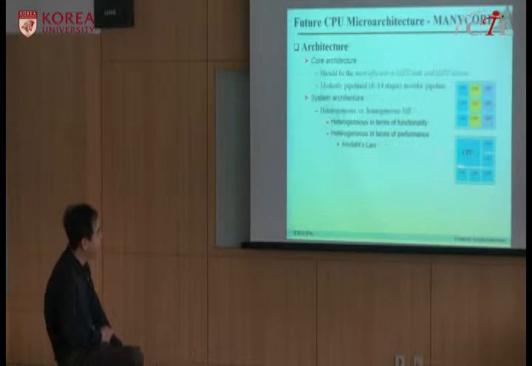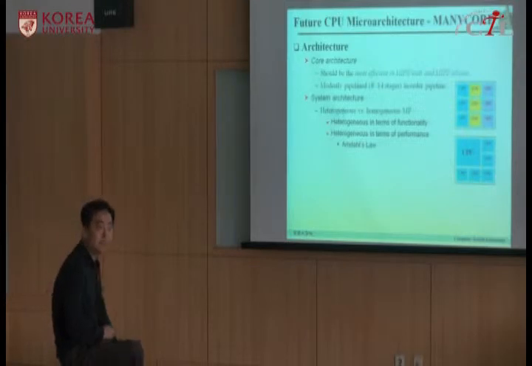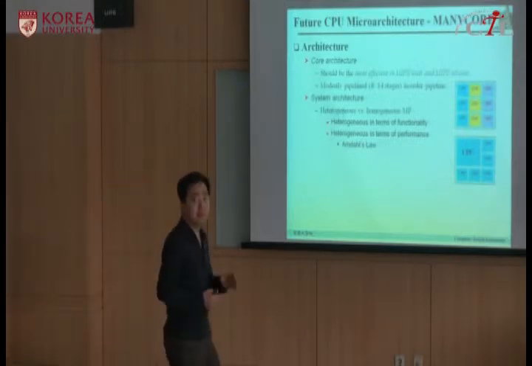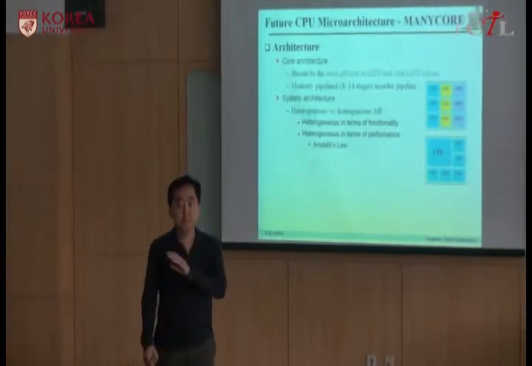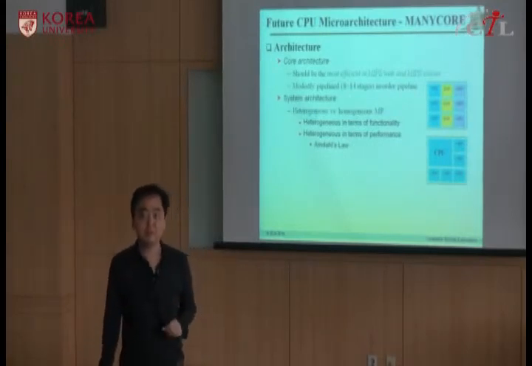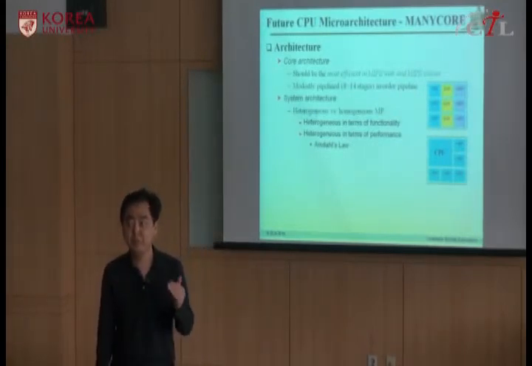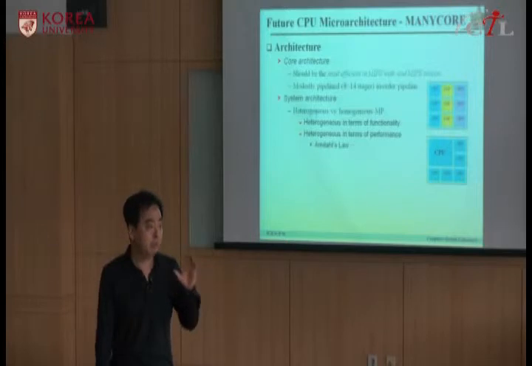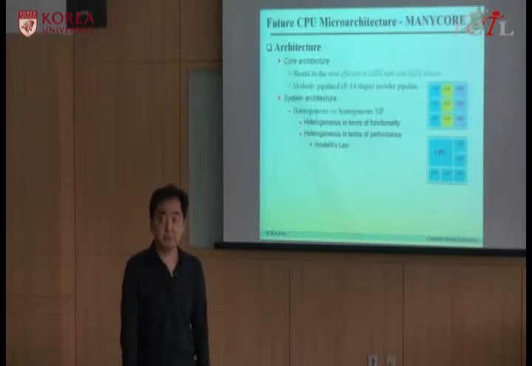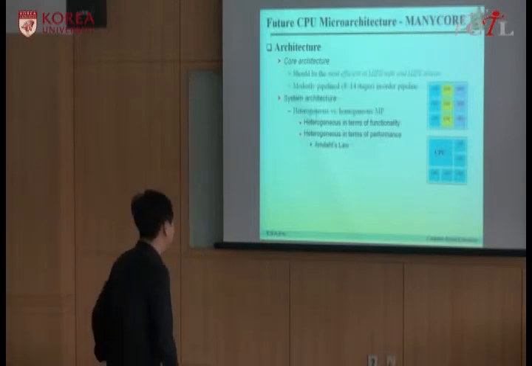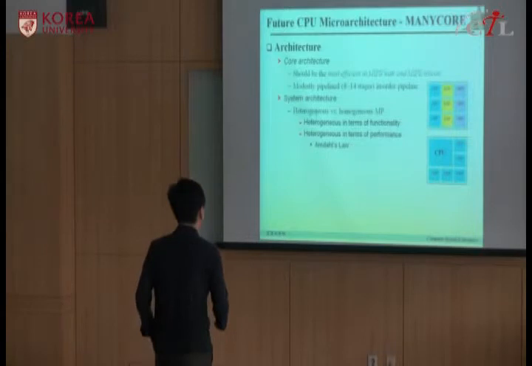Okay, you have a large, high-performance single core with small multi-cores, because you have to think about Amdahl's law. If you have a serial portion, even if you have many parallel multi-cores, you cannot improve performance because it's limited by the serial portion. But if you have very high performance cores in the multi-core, you can improve the single sequential portion also. Okay, so maybe another combination is heterogeneous in terms of performance.